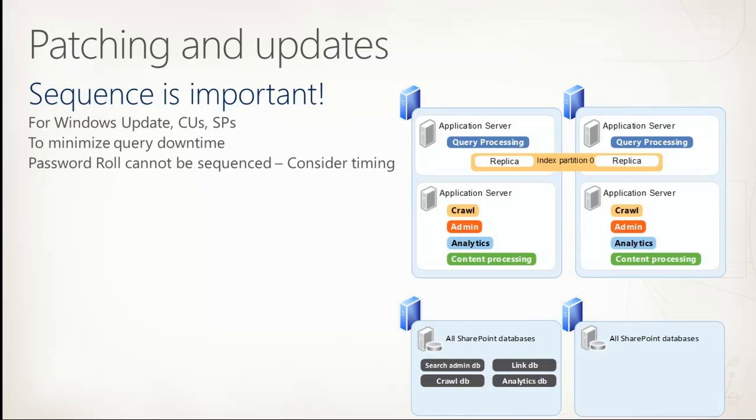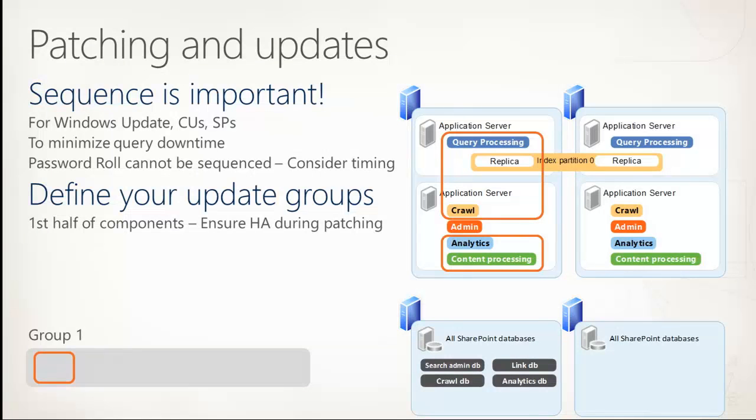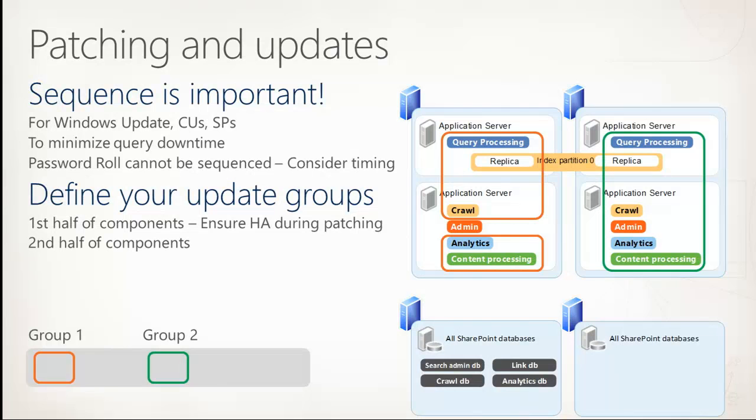So basically, what you want to do is to define update groups related to the high availability roles in the farm when you do the patching. That means you take the first half of your components in one group, indicated in red here, and you do the patching there and finish that and make sure that all components are green before you go to the next step and take the next group, which is all the other components.